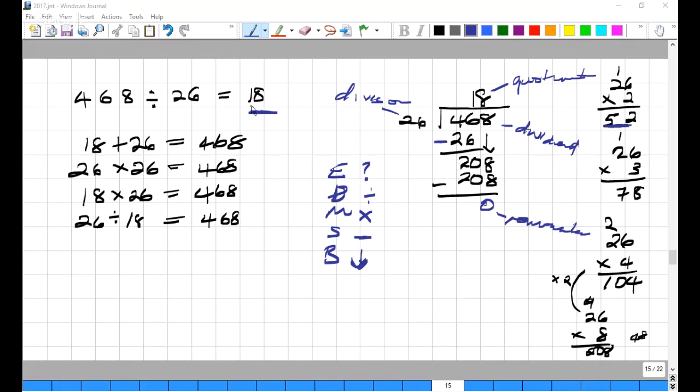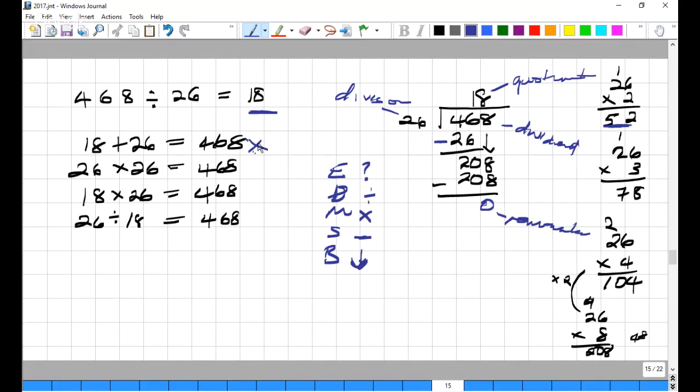So now look at this. Which one of these statements is true? If we add 18 and 26, can we get back the 468? No, sir. You guys notice as soon as I clicked here that it just went away.